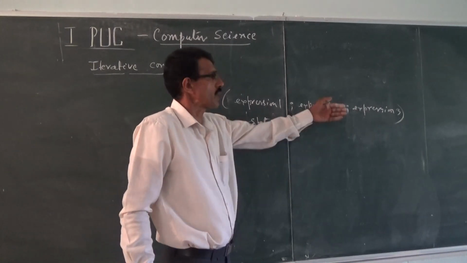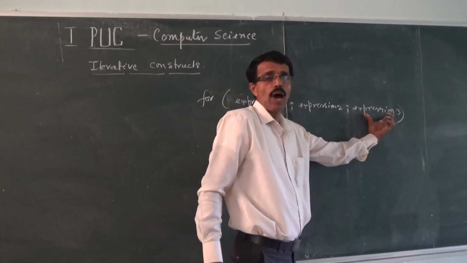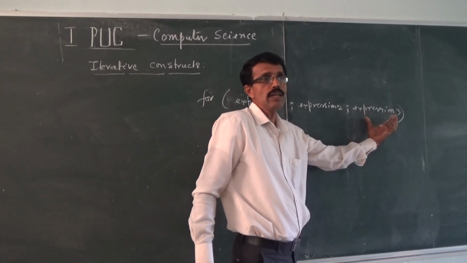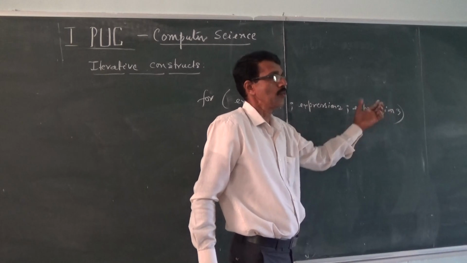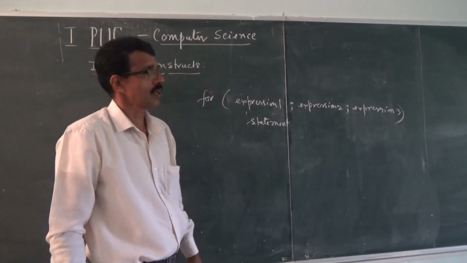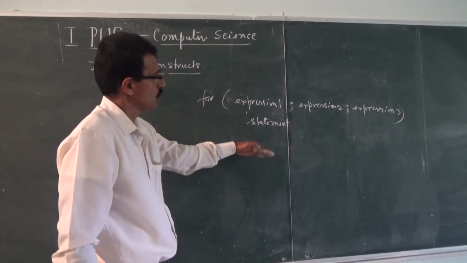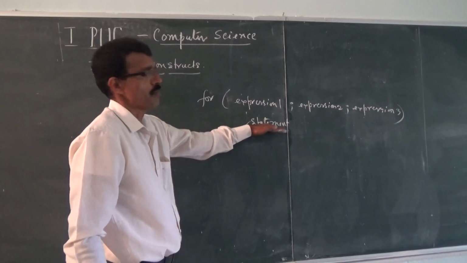That means the number of times is determined by expression 3 applied to the assigned value, which will be considered for its increment or decrement value. Based on that step, these statements will be executed.